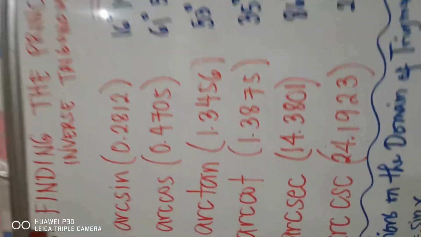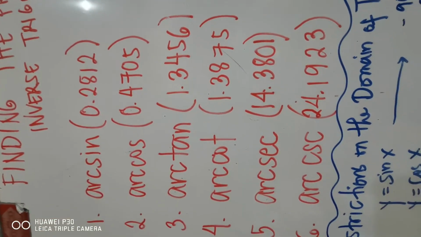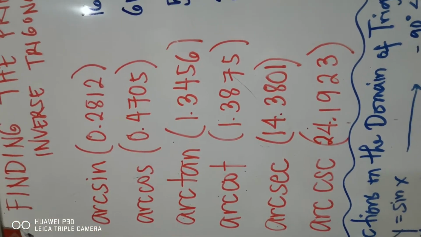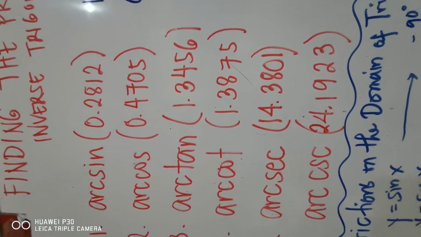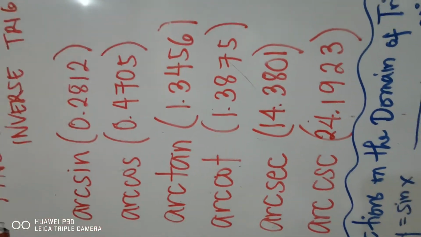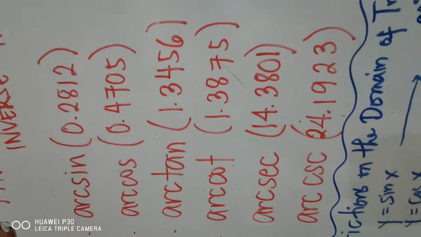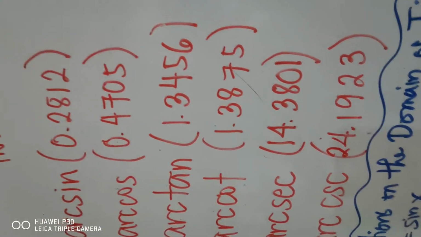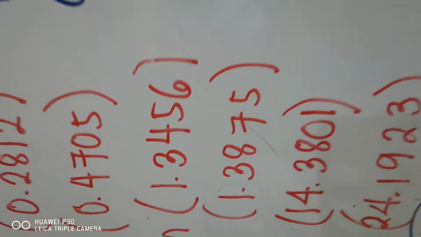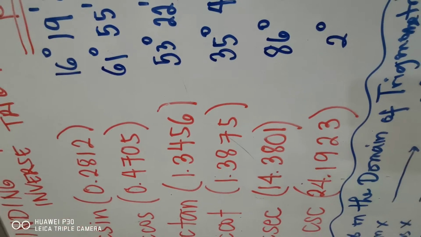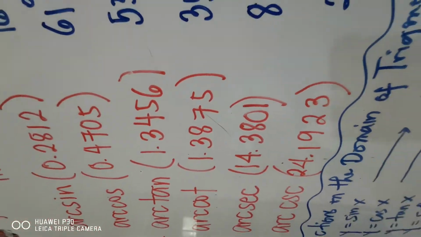Alright, many of you would find it difficult to use your scientific calculators when we proceed with the reciprocal functions: cotangent, secant, and cosecant. Suppose we're going to get the inverse trigonometric function of cotangent given the function value 0.13875.